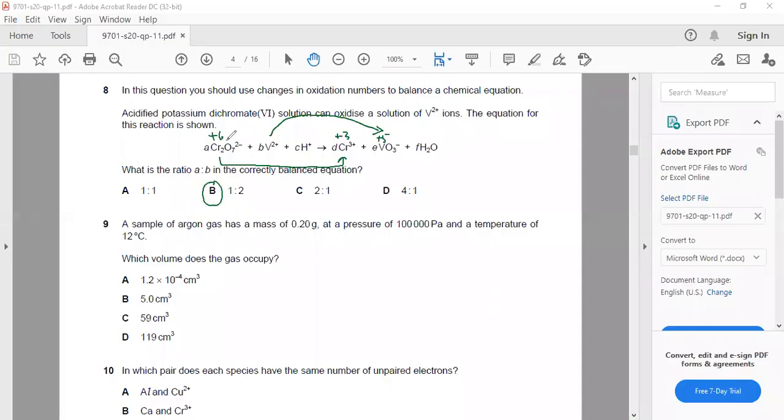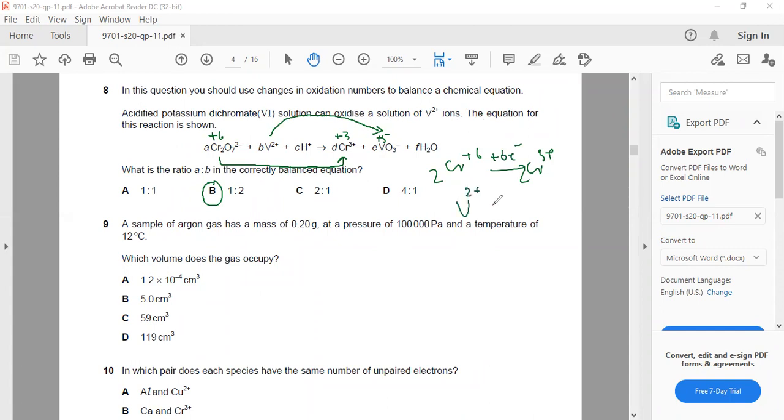So first you have to reduce the oxidation number on the substances that change. There is no need of finding the oxidation number of hydrogen and oxygen. Only chromium reduced from +6 to +3. 2 chromium reduced, it means 6 electrons gained.